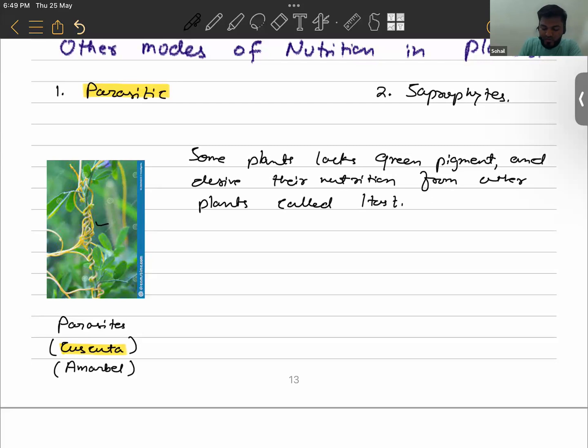Okay, so this green plant from where this cascata or amarbel plant is getting nutrition, that is called the host plant. That is called host. Okay, so there are some plants that lack green pigment and derive the nutrition from other plants called host. Example is cascata here. Okay, that is also called amarbel.